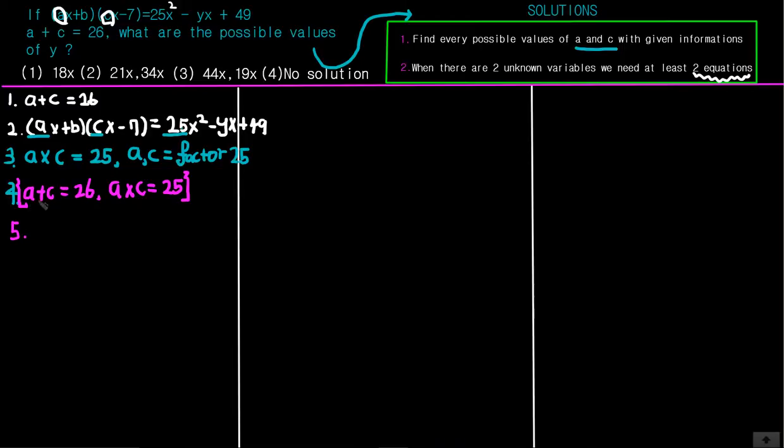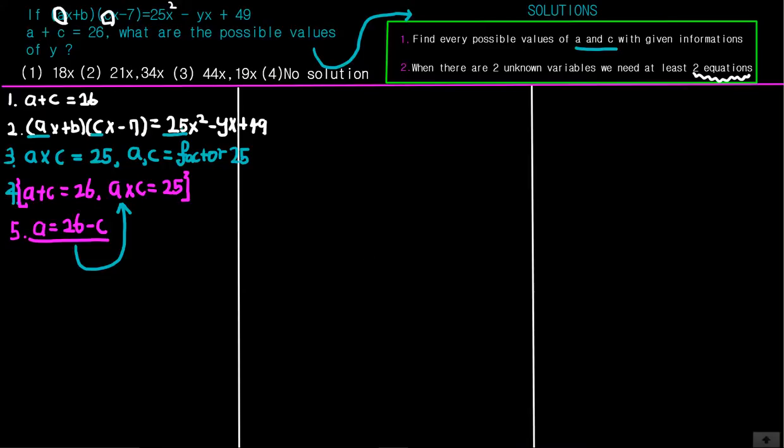If we isolate a by subtracting c from both sides, we get a is equal to 26 minus c. Now we know the value of a in terms of c, so we can substitute it back into our original equation.